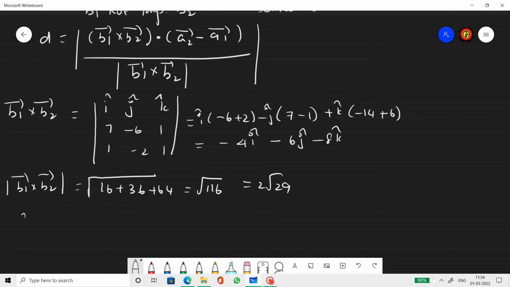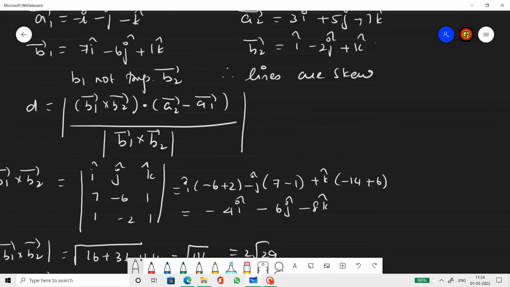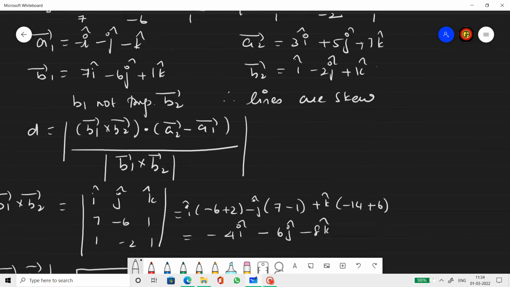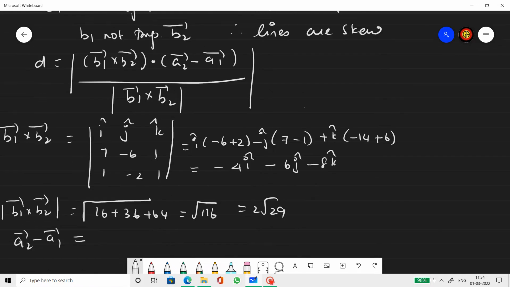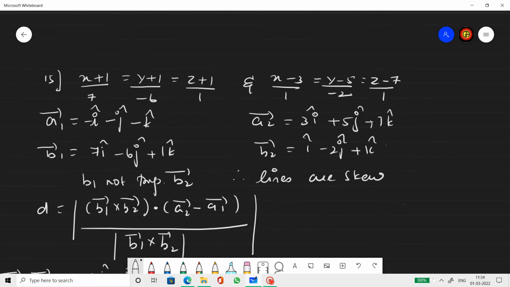Okay, now we need to do A2 minus A1, right? So what is A2 minus A1? Let us see what it is. There we go. Here it is A2 minus A1. See, this is A2 and this is A1.